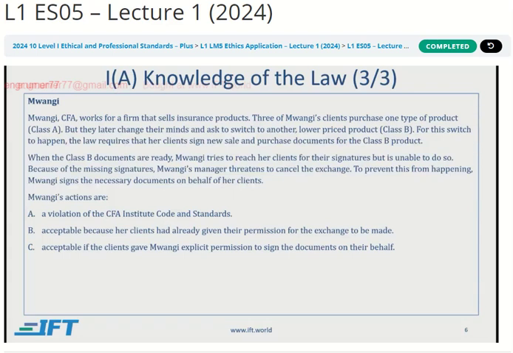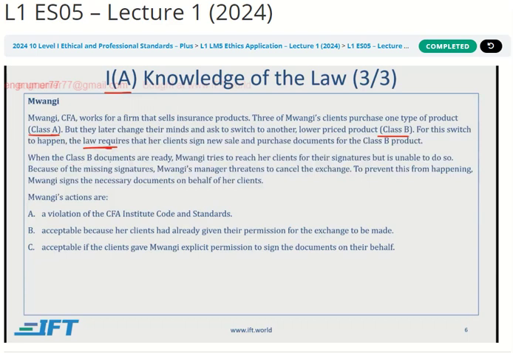The next case is also related to 1A, knowledge of the law. Mwangi works for a firm that sells insurance products. Three of Mwangi's clients purchase one type of product, which is Class A, but they later changed their minds and asked to switch to another lower priced product. So this is Class B. For this switch to happen, the law requires that her clients sign new sale and purchase documents for the Class B product.